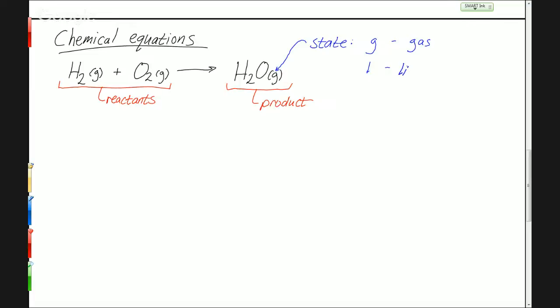L is for liquid. S is for solid. And then there's one more, AQ, which isn't exactly a state, but it stands for, yeah, aqueous, which means dissolved in water.